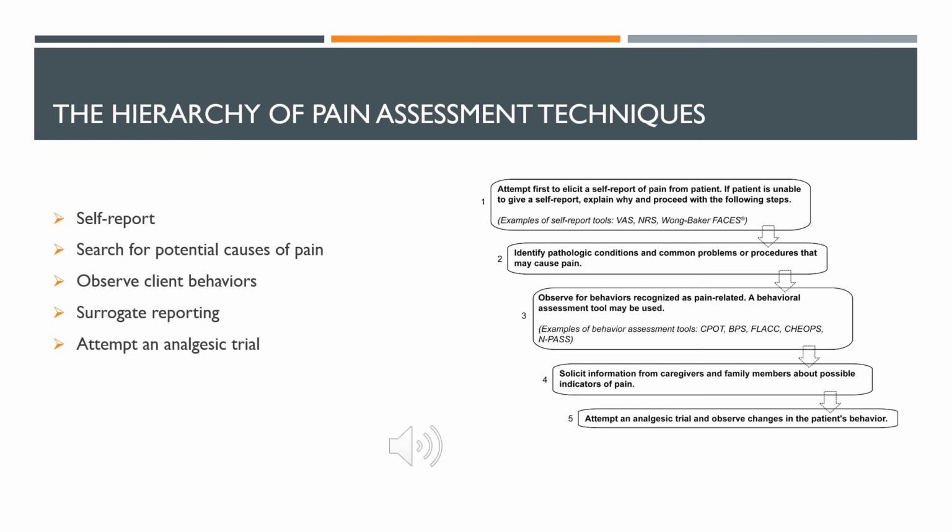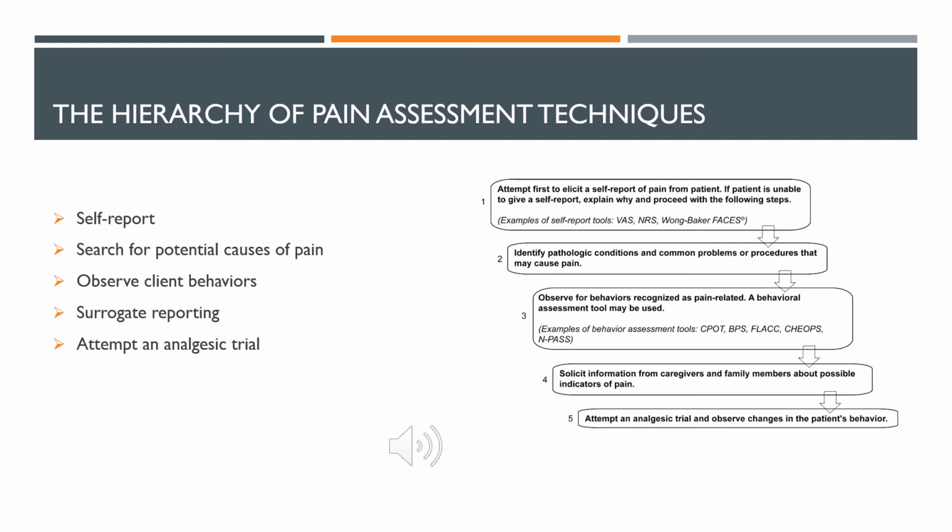Then the next step is you're observing the client's behavior. So you're looking to see if they are grimacing. You're looking to see if they're guarding. You're observing their behavior. Surrogate reporting.